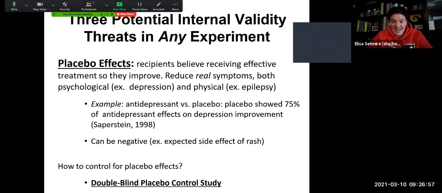It can also be powerful in both a positive and negative way, where people can make improvements, or maybe they develop symptoms because they believe that they received the medication that had side effects. And one of the best ways to control for this, building on what we just talked about on the last slide, is a double-blind placebo control study, where the participants and the researchers don't know who got the placebo and who got the real effect.